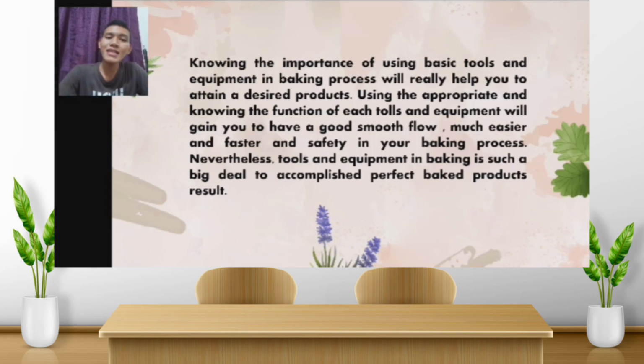Tools and equipment in baking are such a big deal to accomplish a perfect baked product. So it is very vital, class, that you know the function of the basic tools and equipment used in baking to attain perfection in any of your baked products. And also you need to use the appropriate tools in your baking process. Okay?